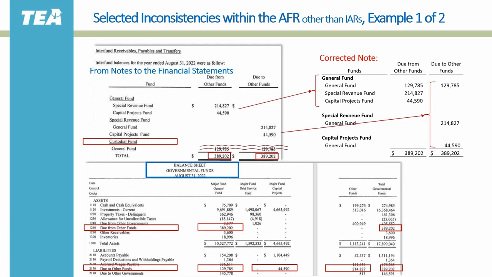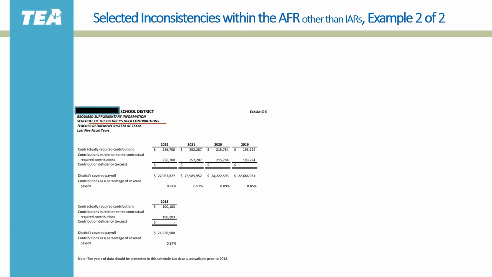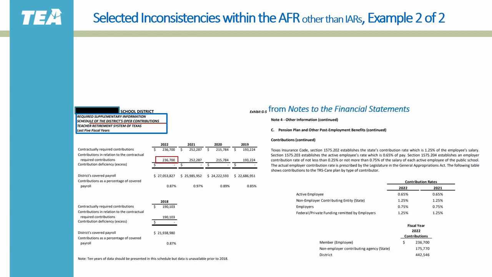Another example shows inconsistencies between the schedule in the required supplementary information area and the notes to financial statements. On the left side, you can see the schedule of the district's OPEB contributions reported the 236,700 contribution to the OPEB plan.